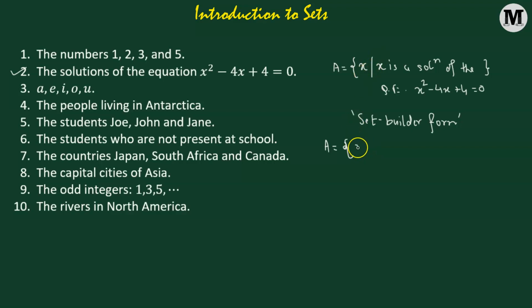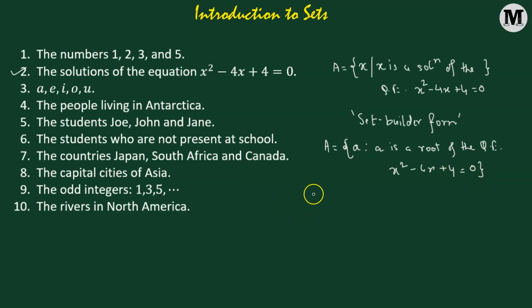We can consider it to be a as well, but it has to be in lowercase. So we're considering a as an element of the set A such that a is a root of the given quadratic equation, x squared minus 4x plus 4 equals 0.